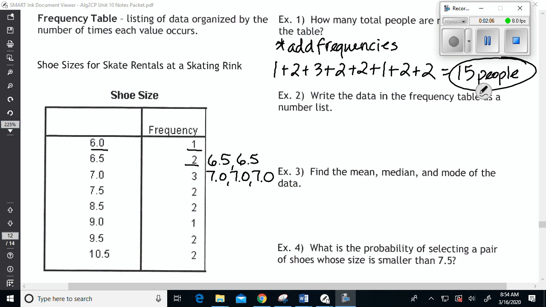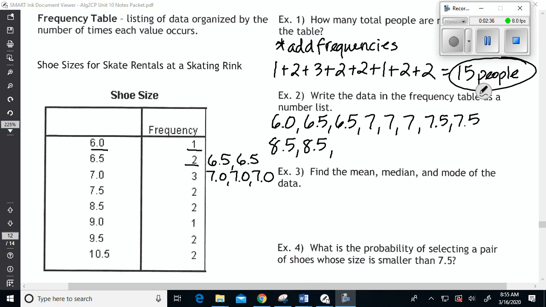Example 2, write the data in the frequency table as a number list. Well, that simply means write all the data out in its expanded form. So 6 showed up once. 6.5 shows up twice. 7 shows up 3 times. 7.5 shows up twice. 8.5 shows up twice. 9 shows up once. 9.5 shows up twice.